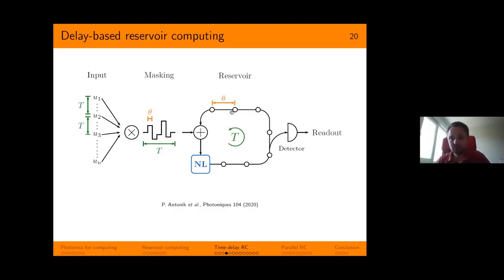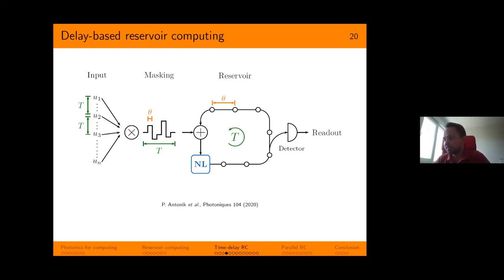Virtual here is key because there are no physical things that act as nodes. The nodes here are virtual, they're just segments in the delay. In this way, we create a large number of nodes in the delay. Typically in optical implementation, this large number varies from 50 to a few hundreds, but up to 600s.